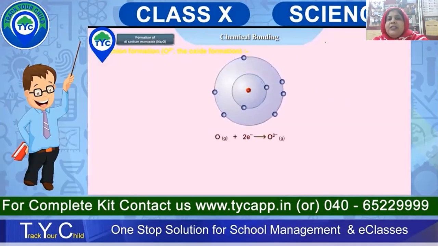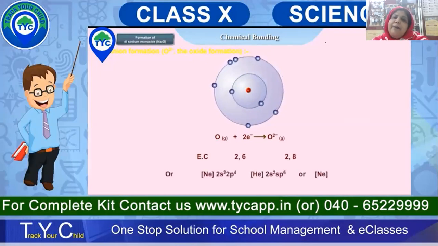Oxygen requires two electrons to become stable. It has 6 electrons in its outermost shell, so it has to combine to get 2 electrons. It has to combine with disodium, not with one single sodium.